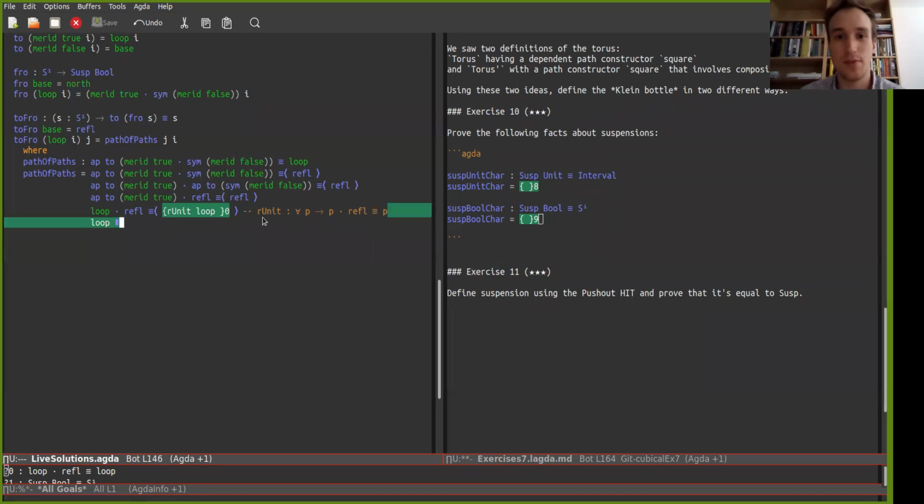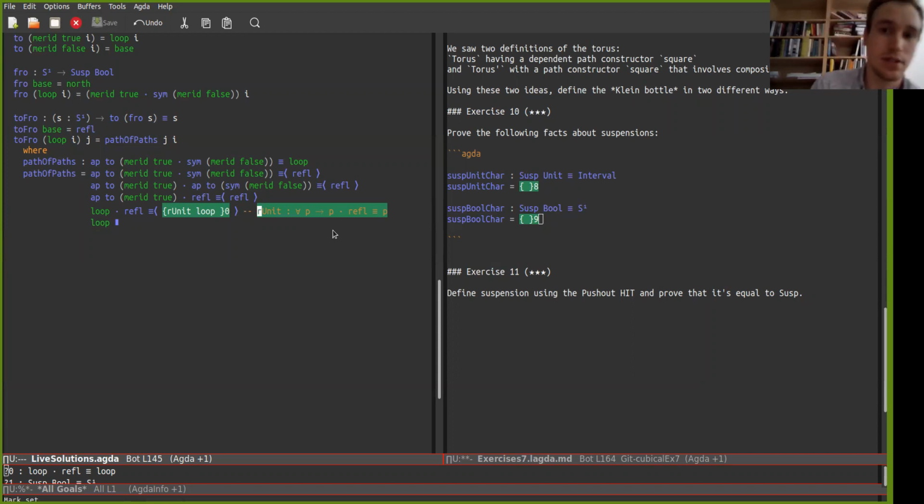So yeah, I'm going to rewrite the exercises a bit. I should have given a hint. Yeah, I'm sorry. Yeah, very good. If we have time, do you want to look at the other direction?